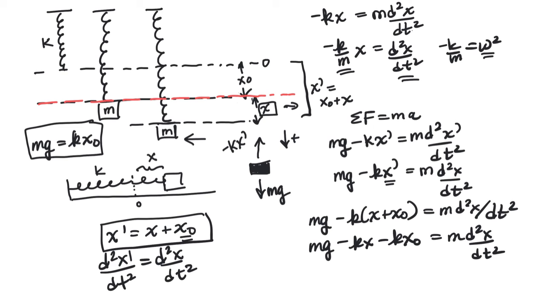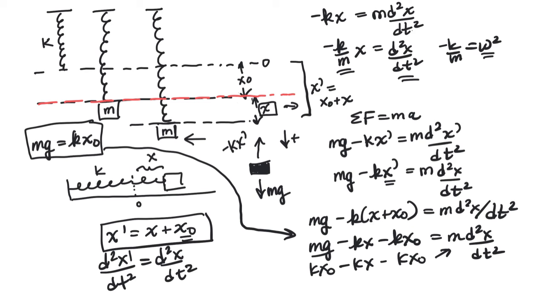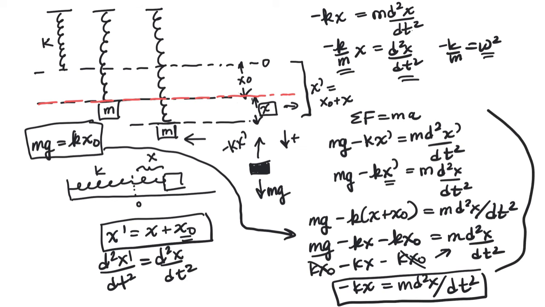And that still doesn't look very good until I remember that mg is equal to kx naught. Then if I can substitute, I get kx naught minus kx naught, and the kx naughts don't matter anymore. I get negative kx equals m d squared x dt squared, which, if you remember, is the equation for a simple harmonic oscillator oscillating around a displaced equilibrium point.